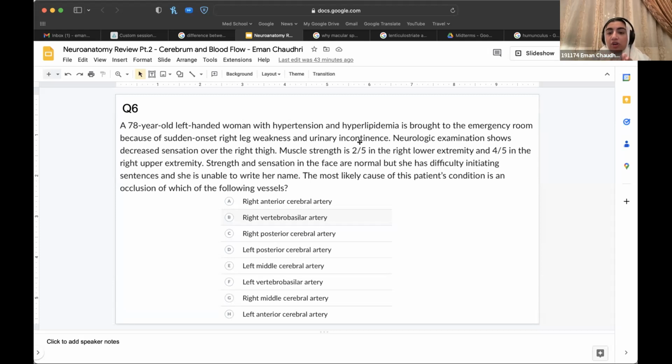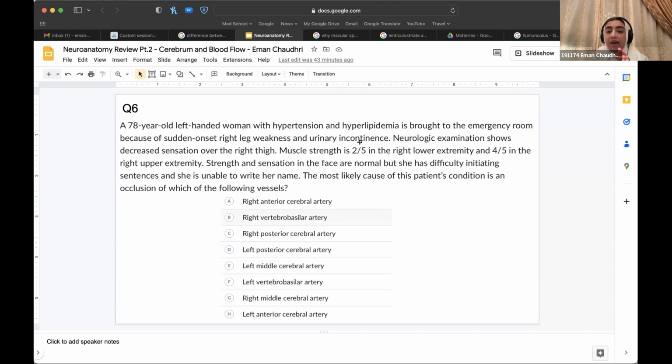The leg weakness and the urinary incontinence. So the leg weakness is on the right side. So that means if you're thinking about the cerebrum, remember that the fibers cross over. So it is going to be contralateral. It's usually contralateral hemiparesis and sensory loss. So it's going to be the left.